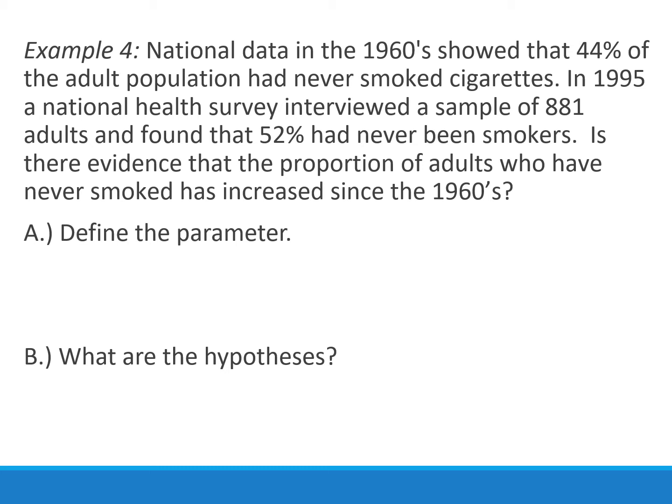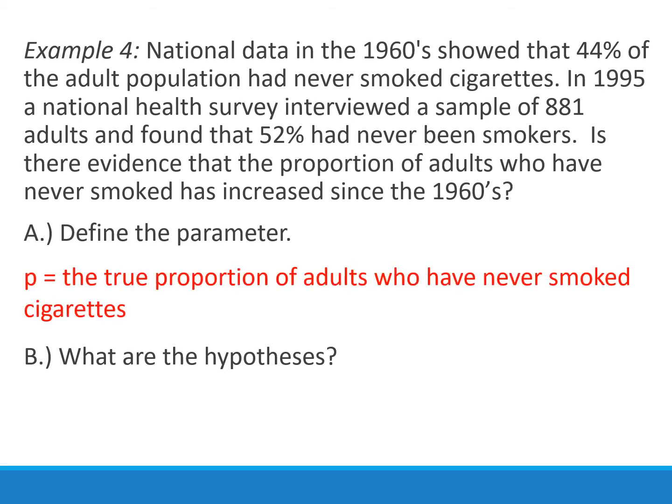All right, with example 4, we're going to do a full hypothesis test. To start off, we'll do our first two steps. We have data from the 1960s showing that 44% of the adult population has never smoked cigarettes. In 1995, we have a sample of 881 adults, and 52% say they've never been smokers. Is that evidence that the proportion of adults who have never smoked has increased since the 1960s? p is the true proportion of adults who have never smoked cigarettes.